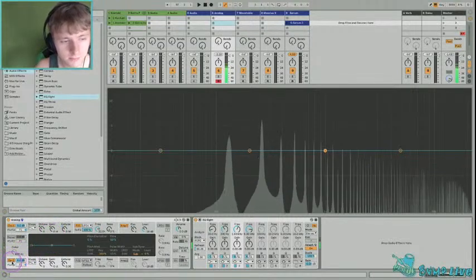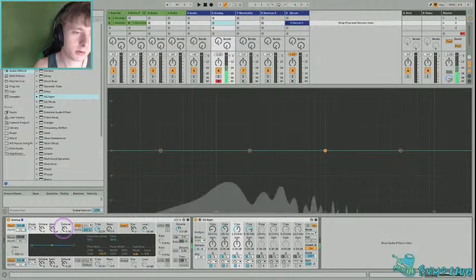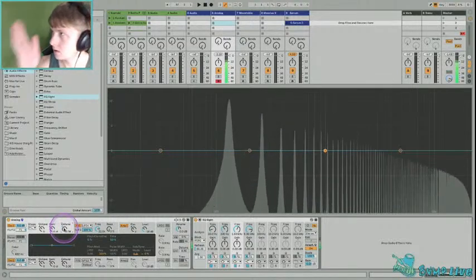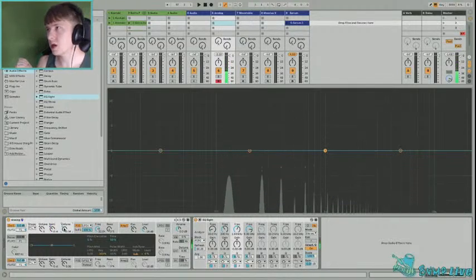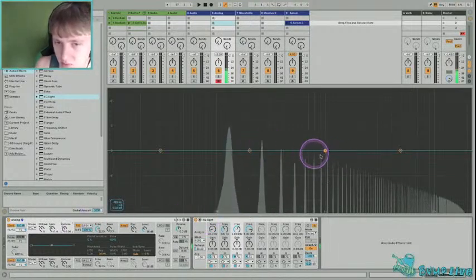Okay. Now I'm going to detune this one up. And you kind of hear them, and you can even see it in the frequencies. Look at this wave.